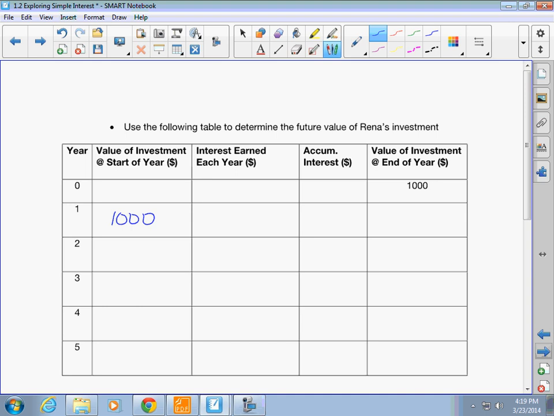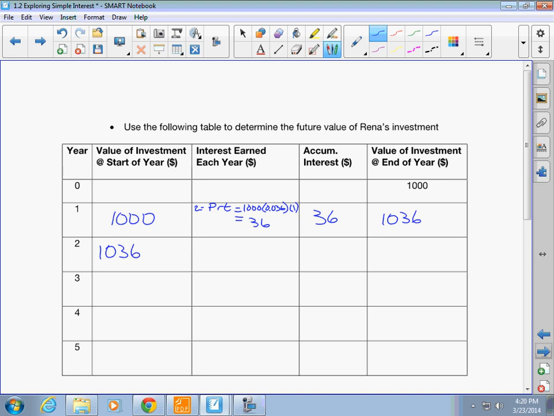Simple interest is just PRT, so she's got 1,000 times 0.036 times 1 year. At the end of that first year she has $36 in accumulated interest, so the value of her investment at the end of that year will be $1,036.